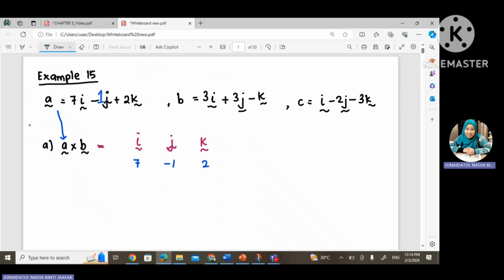Next, we substitute the values of vector B: 3 for i, 3 for j, and negative 1 for k.